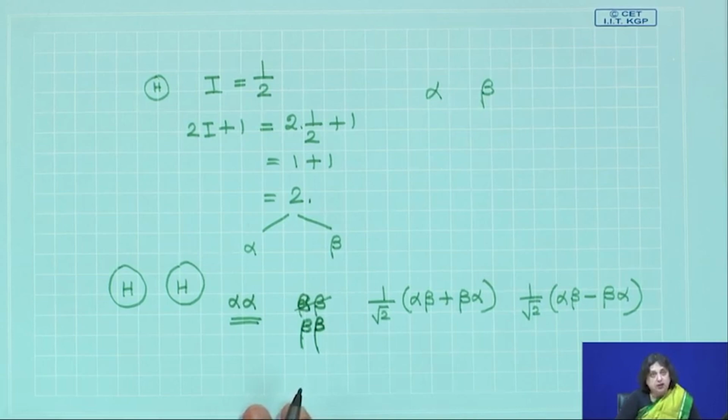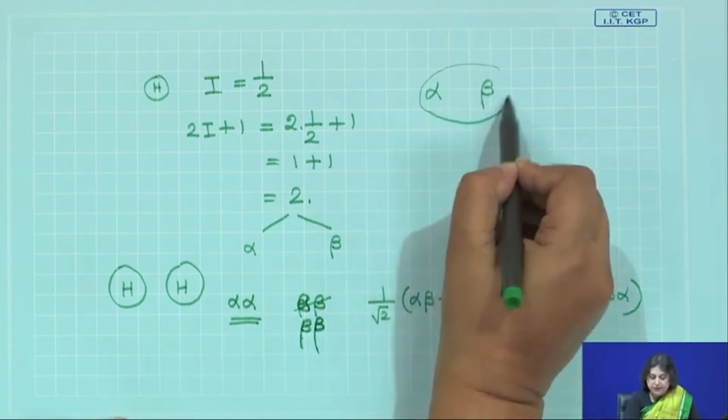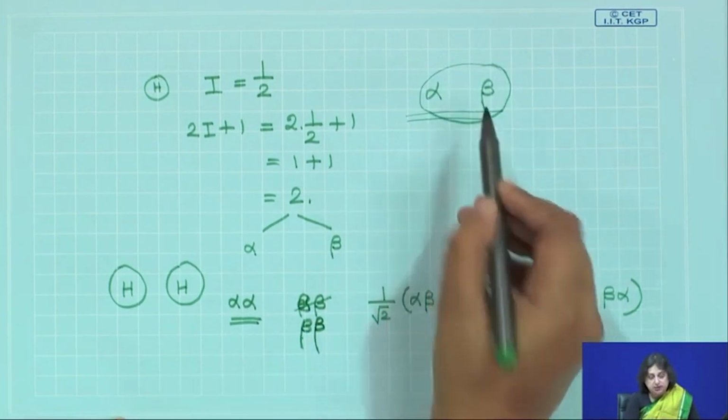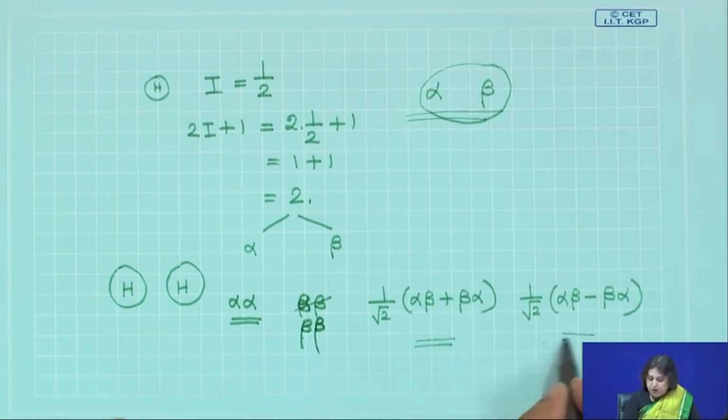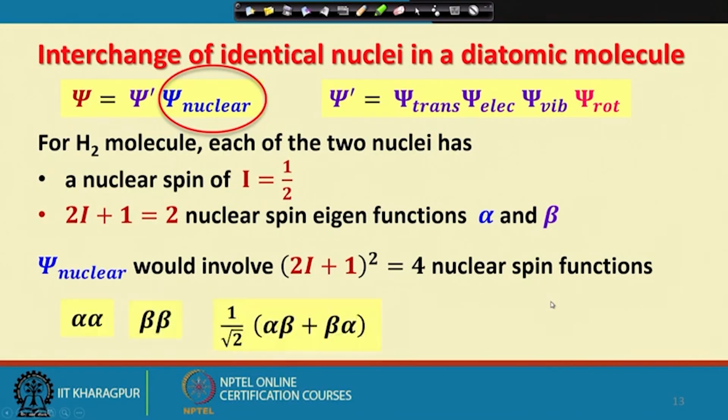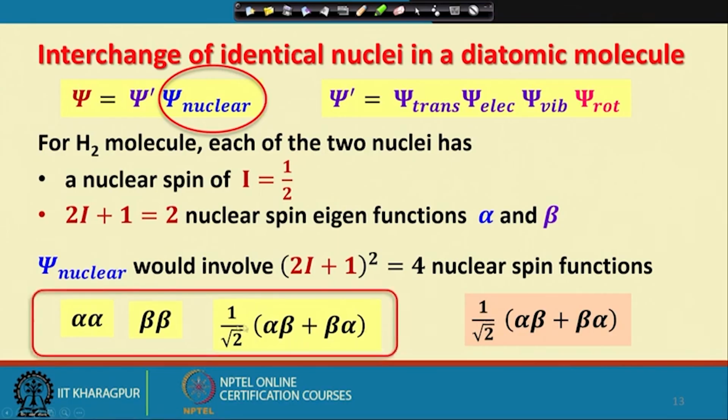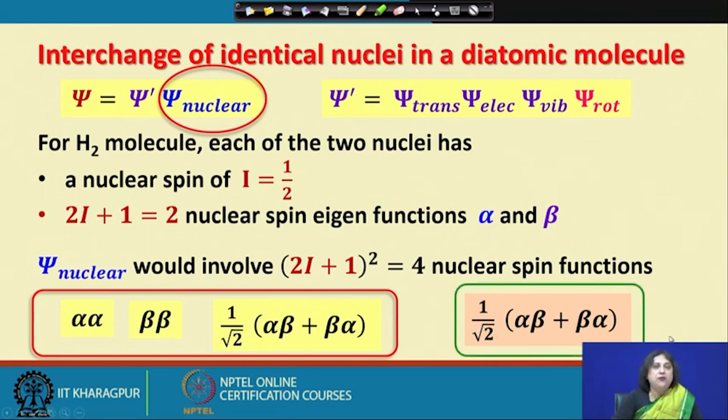Quantum mechanics requires that under such condition you take a linear combination of these two, and these are the probable combinations that are allowed in this particular case. So, these 4 nuclear spin wave functions are alpha alpha, beta beta, and a combination of alpha beta and beta alpha. Out of these, as you see, I have clubbed 3 together and I have labeled the 4th one separately. Do you understand why?